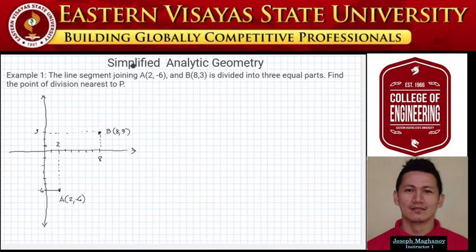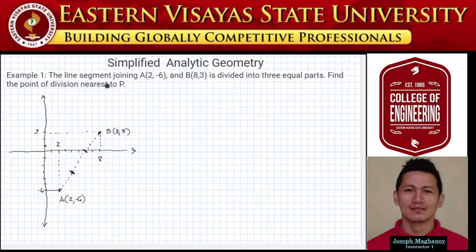So what are the other details in the problem? The line segment joining A and B is divided into three equal parts. So if we connect point A and B, according to the problem, it is divided into three equal parts. So let's divide this line segment into three equal parts: 1, 2. Okay.